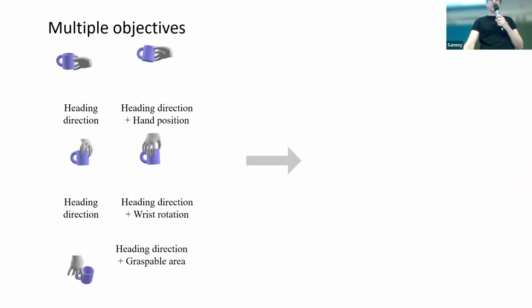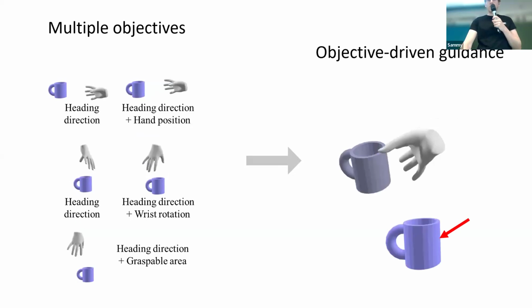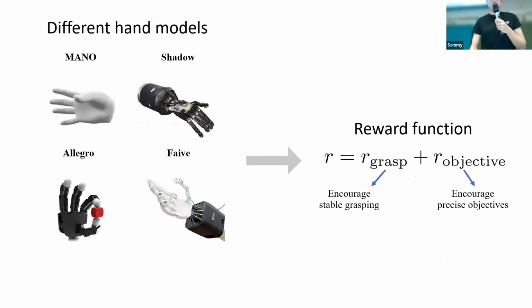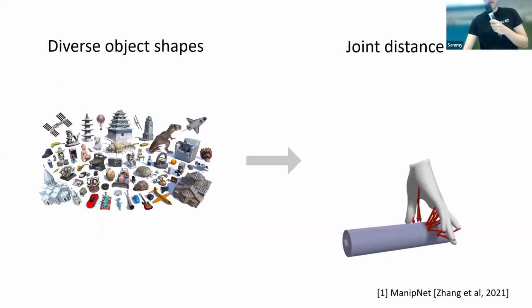So to deal with the multiple objectives, we introduce a technique called objective-driven guidance, which on a high level helps the policy be biased towards following these objectives. To make the policy work for different hand models, we found a reward function that is robust and doesn't need to be changed or hyperparameter tuned, that combines grasping reward with an objective reward.